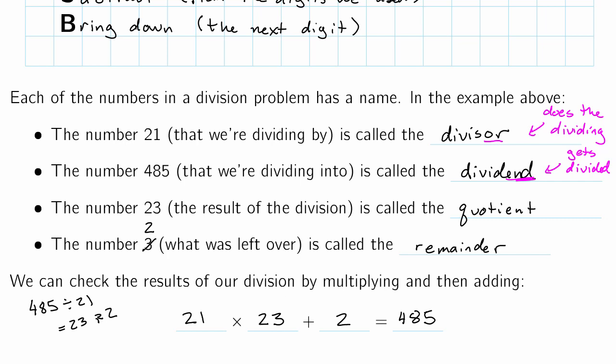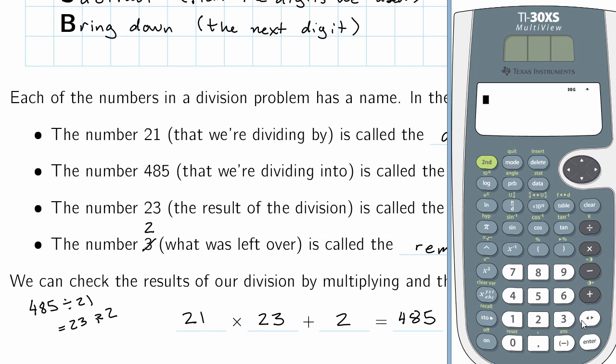And we can actually check that by punching it in on the calculator. So 21 times 23 plus 2 really does give us 485.